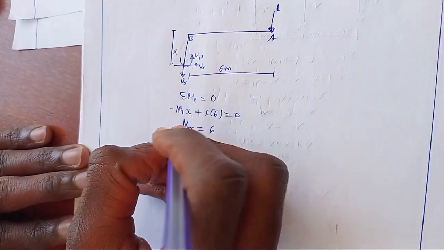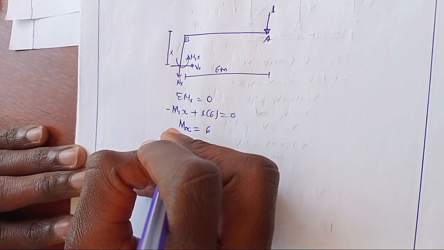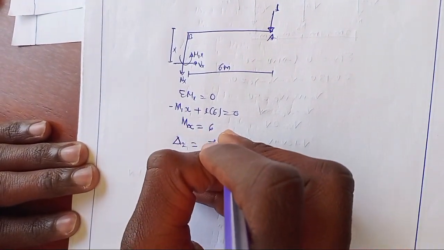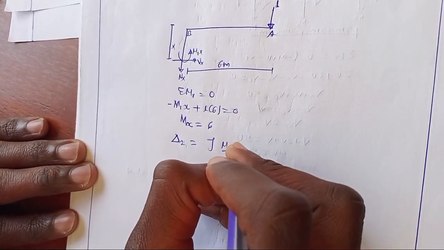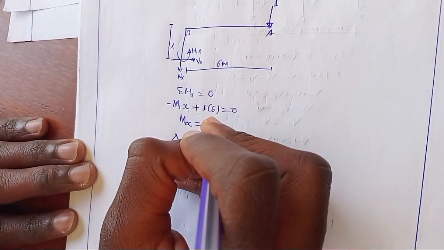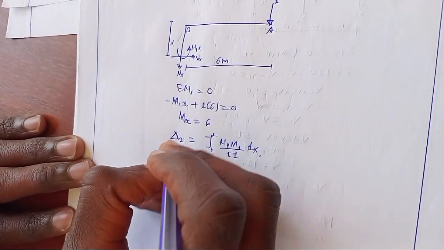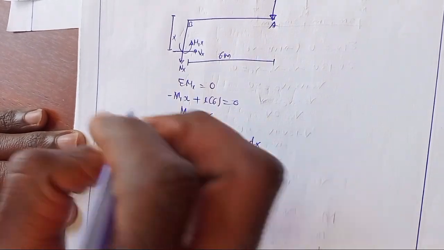Therefore, in order to obtain the deflection at section 2, it will be the moment due to applied load times the moment due to unit load over EI, integral from 0 to L dx. So the deflection will be integrated from 0 to 6.